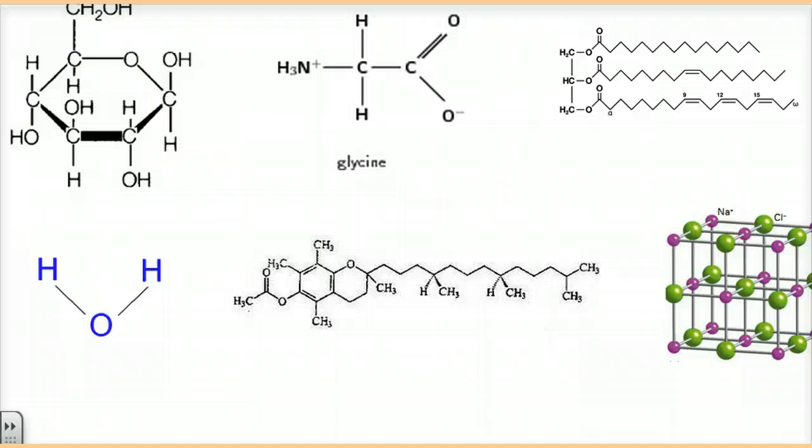I just want to point out, from a scientific or chemical view, how they are different. This molecule that you're looking at is a carbohydrate, the first one. And here's a carbon, here's a hydrogen, here's a carbon-hydrogen bond. So this is an organic molecule.